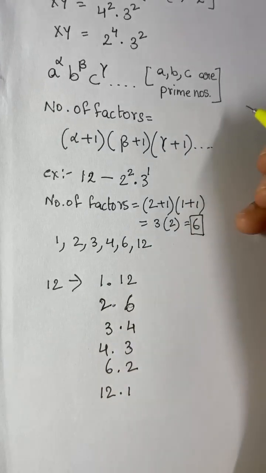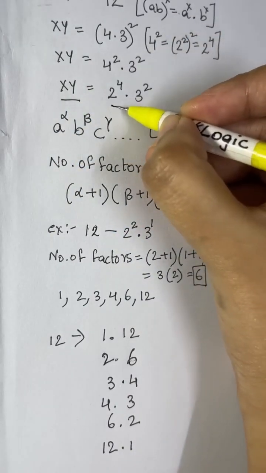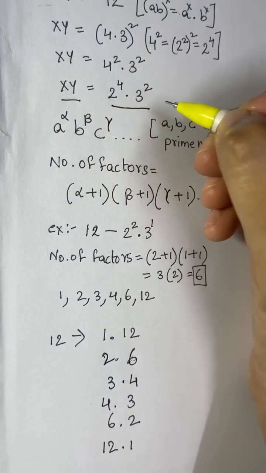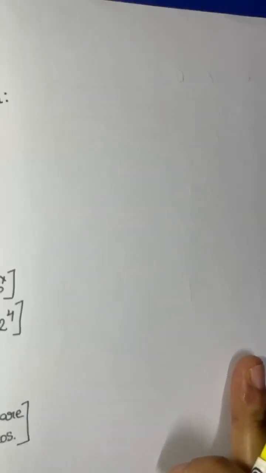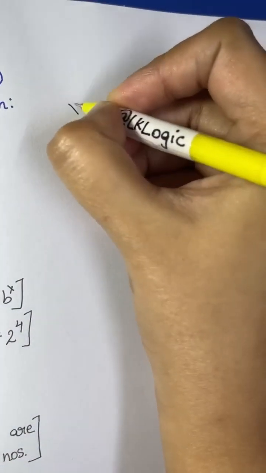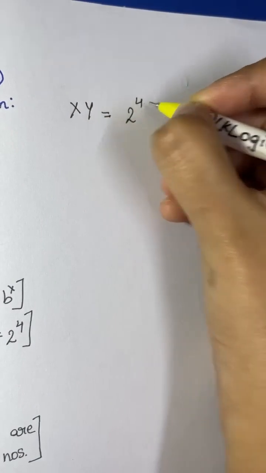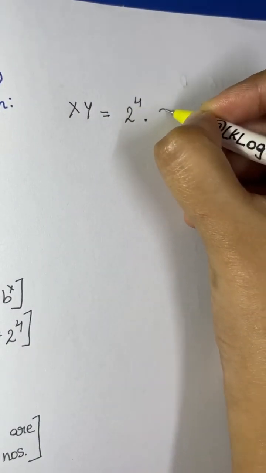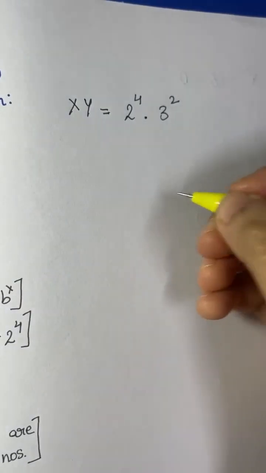Now let's write it for this. What do we have? xy is equal to 2 raised to 4 times 3 squared. So how many ordered pairs do we have? We just have to calculate the ordered pairs. How can we write the number of factors?